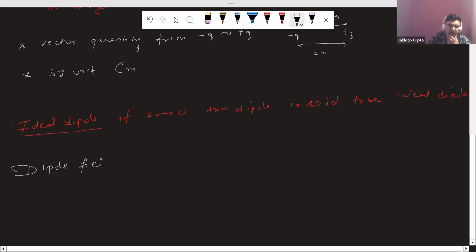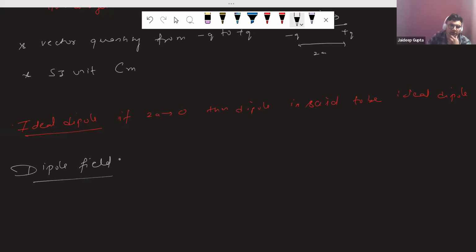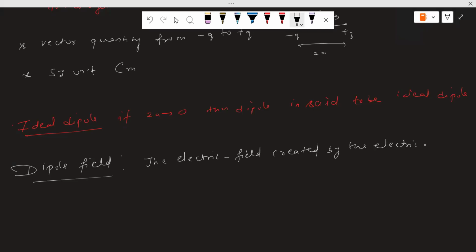Dipole field. Like an electric charge, a dipole also creates its own electric field. That field is known as the dipole field. So the electric field created by an electric dipole.